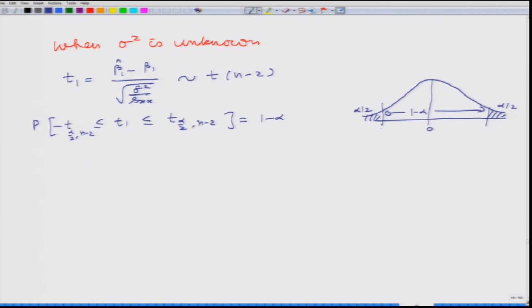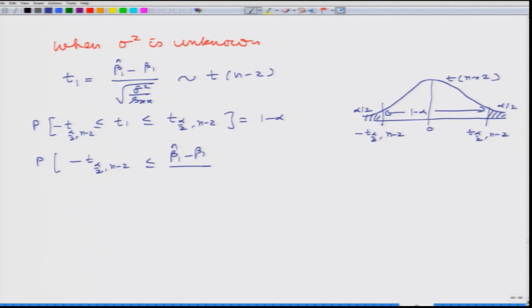Corresponding to this, the values on the x-axis from the t table can be obtained as minus t alpha by 2, n minus 2 degrees of freedom, and this will be plus t alpha by 2, n minus 2 degrees of freedom, and this is the probability density function of the t distribution with n minus 2 degrees of freedom. Right.